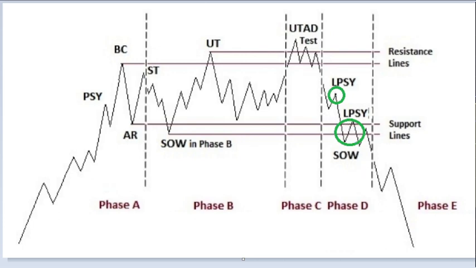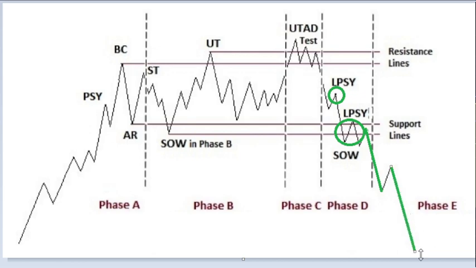So this would be the habitual pullback; this line here would be the pullback this morning. It would be about the 380 level, and then we would have a reaction off of that before continuing our move downwards.